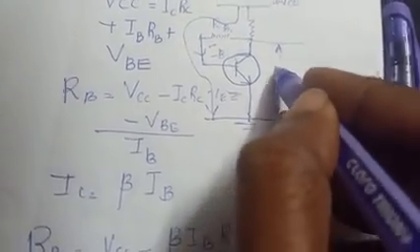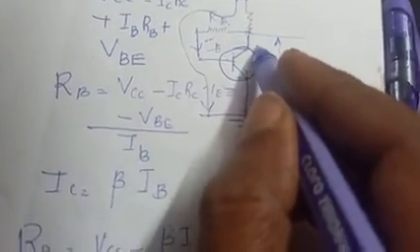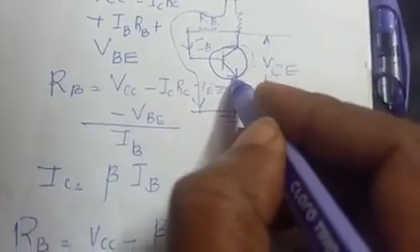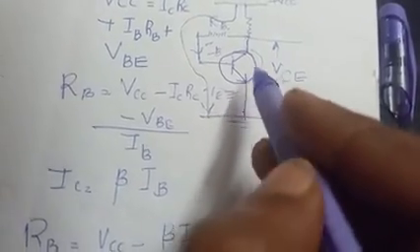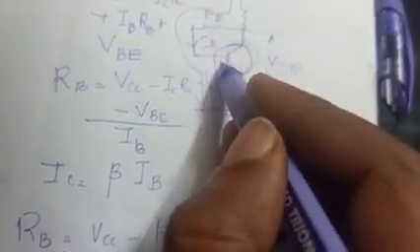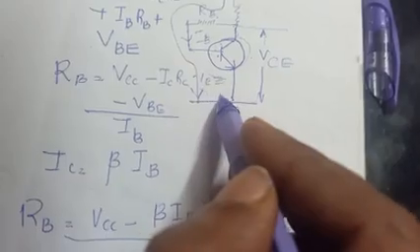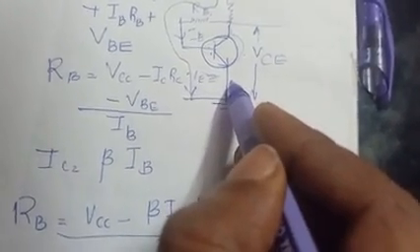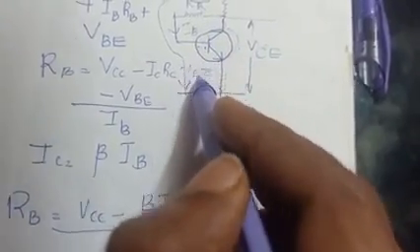This voltage is equal to VCB, the collector base voltage, plus VBE, the base emitter voltage. So VCE is equal to VCB plus VBE.